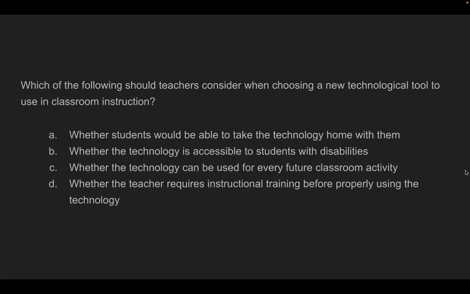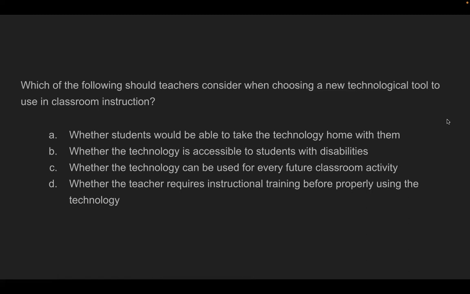All righty. Ooh, let's see. This one should be another one where you guys can tell me the right answer real quick. Which of the following should teachers consider when choosing a new technological tool to use in classroom instruction?